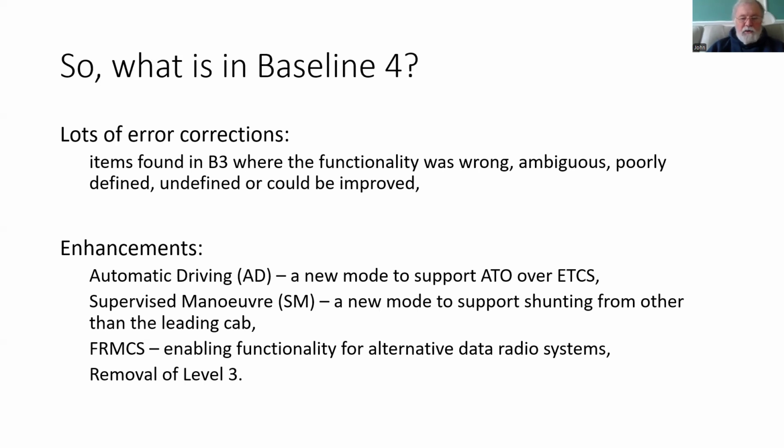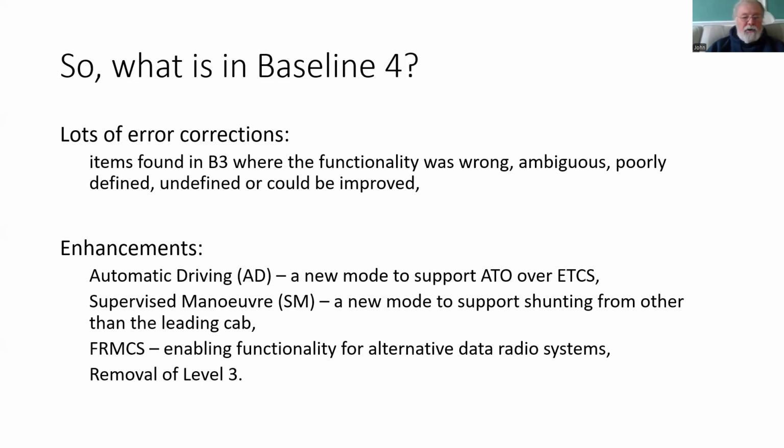And the facilities such as dangerous shunt didn't really address the issues. After many discussions at all levels in Europe, supervised manoeuvre, originally known as cab anywhere, was the result. And this is a new mode which supports shunting and requires that the whole length of the train is known to the ETCS and the position of the cab within that formation is also known. And we'll look at that in a bit more detail later on.